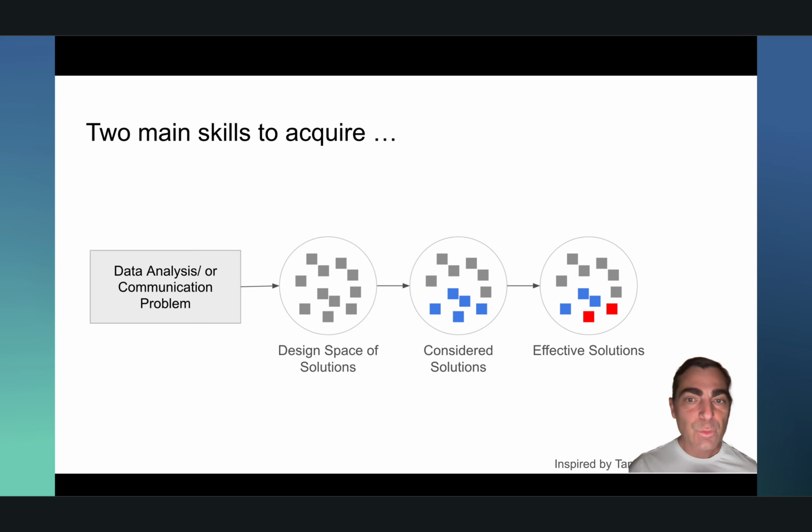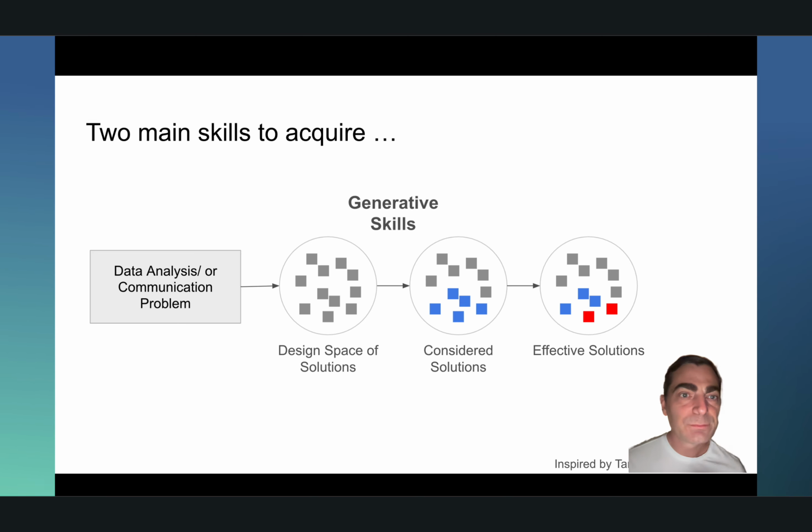Okay, so when you do that, you have to develop two main skills. The first skill is generative skill. So the generative skill means that you can generate as many appropriate solutions as possible, right? As I said, the design space of solutions is very, very large, and you have to be able to explore or ideate or conceive as many as possible.